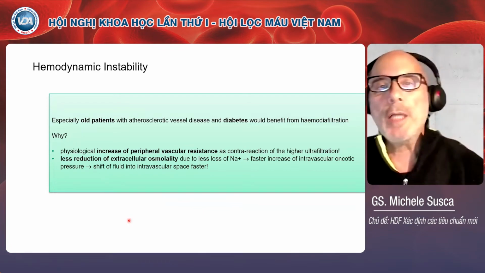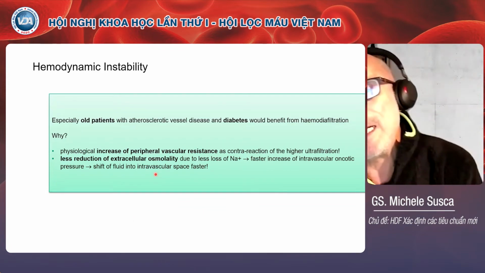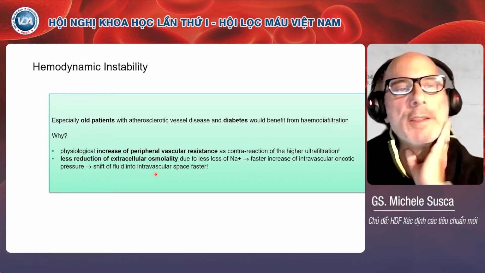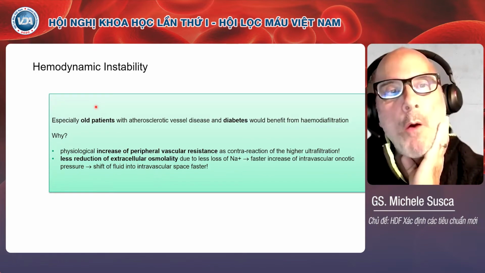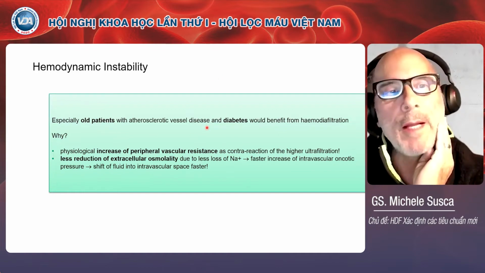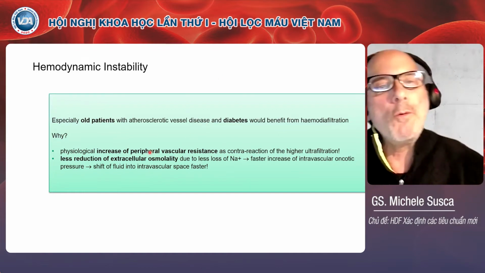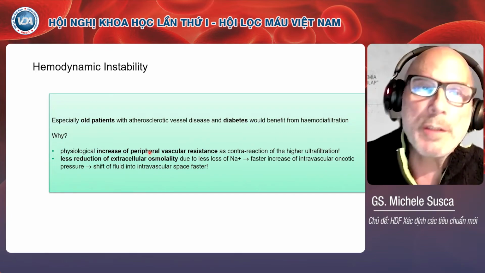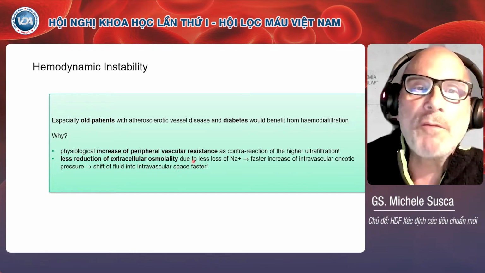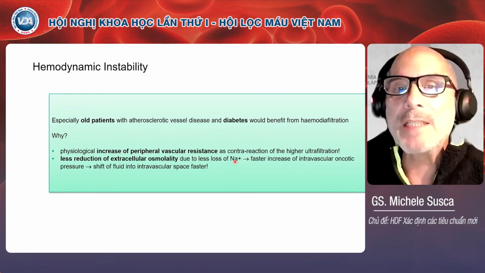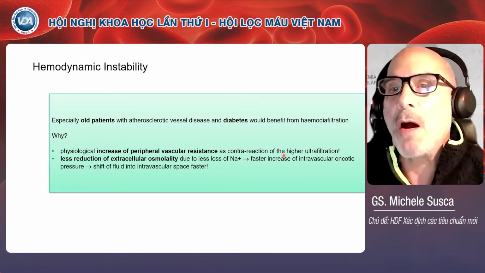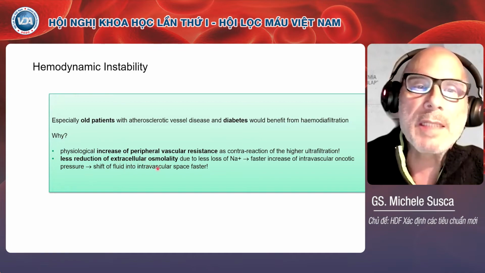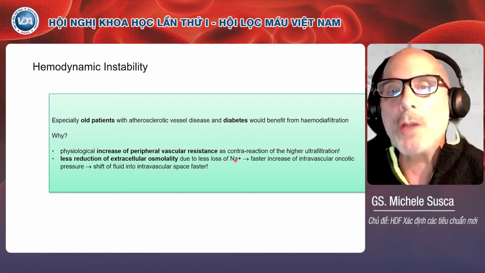Regarding the hypertension, it seems that patients in HDF get fewer hypotensive events during the treatment, maybe especially old patients and diabetic patients. Mainly because, due to the substitution solutions, we have an increase of peripheral vascular resistance as a counter-reaction to high ultrafiltration, and we have less reduction of extracellular osmolarity due to less loss of sodium.